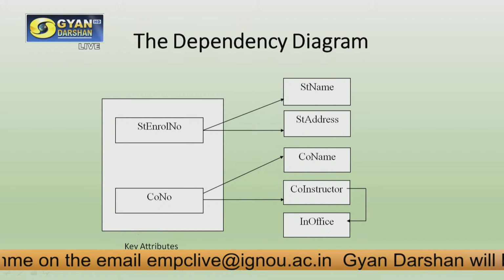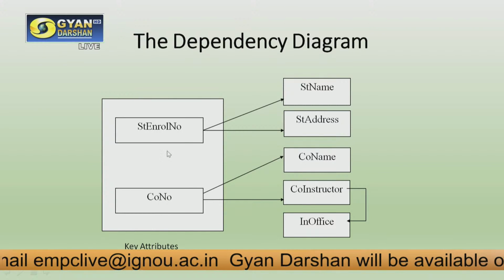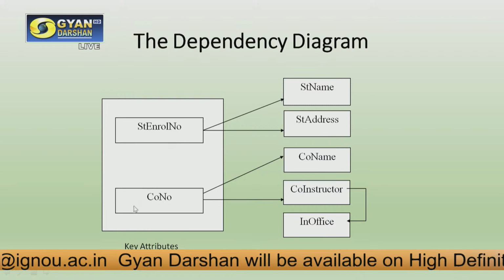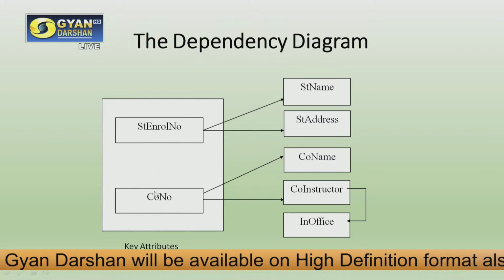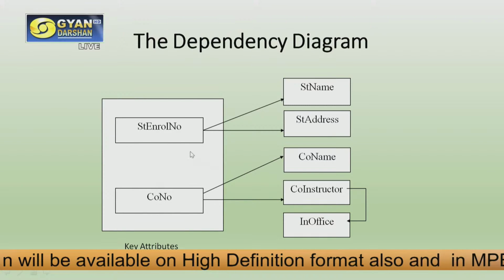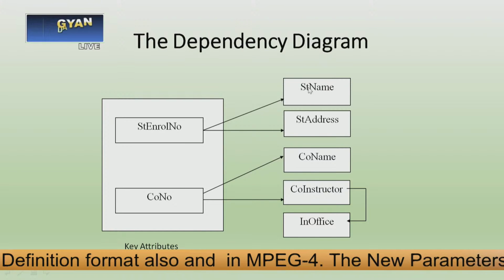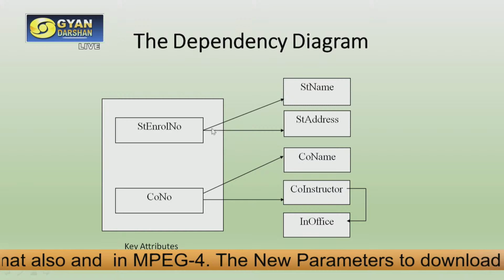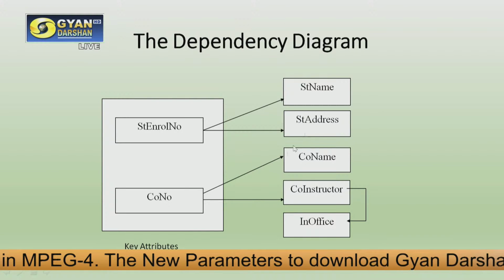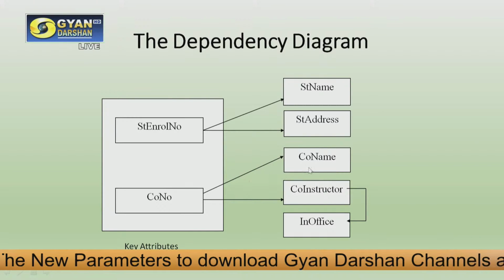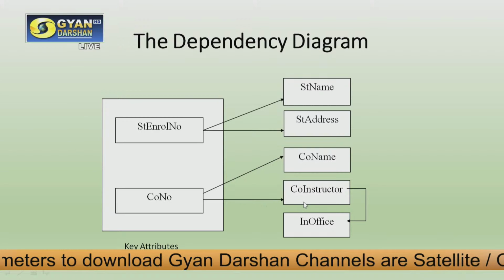So what we have, the key attributes, are the enrollment number and the course number. The student number, or the enrollment number, is determining the student name, as I explained to you, and so is the student address. And course number is determining the course name as well as the course instructor.